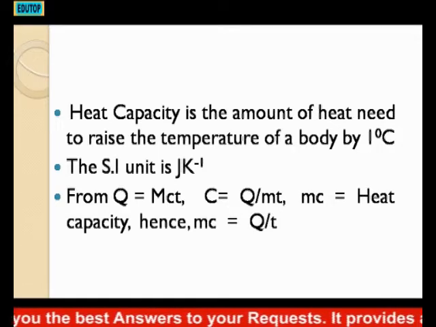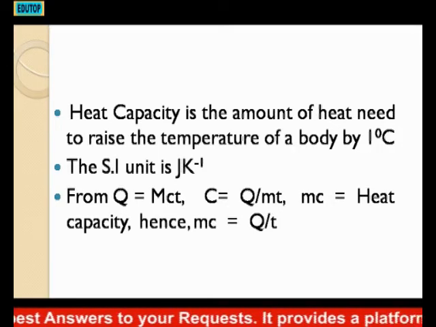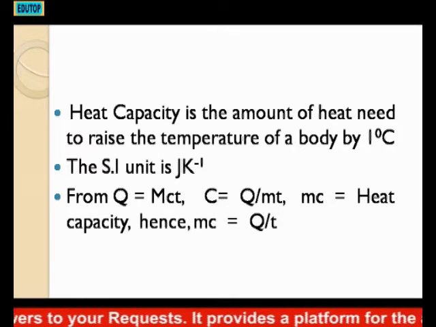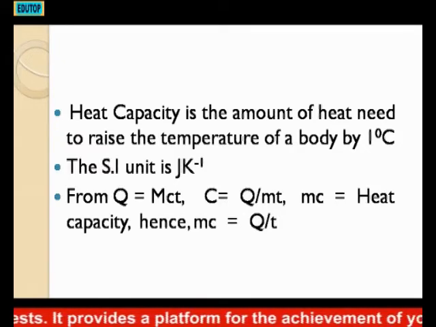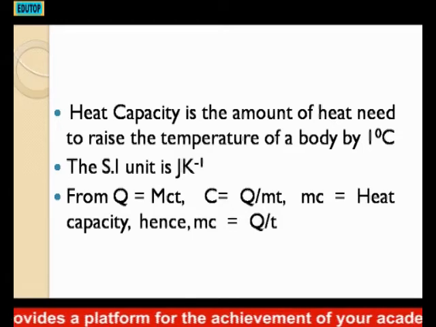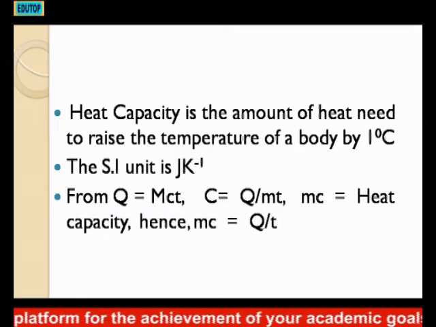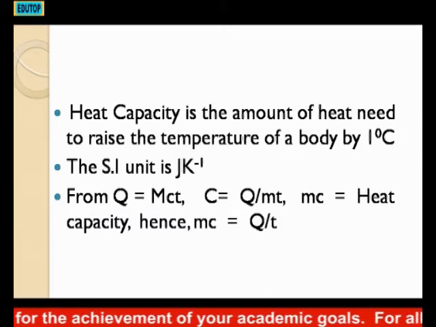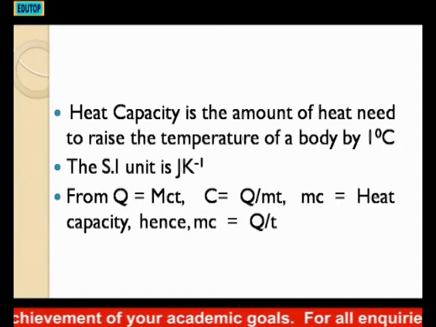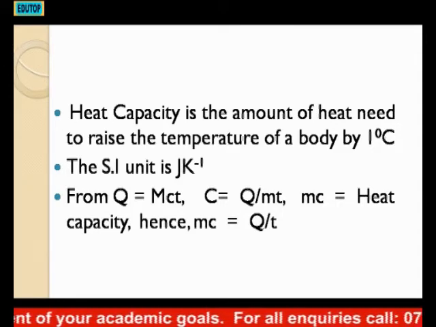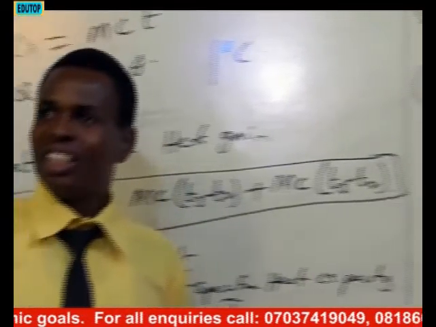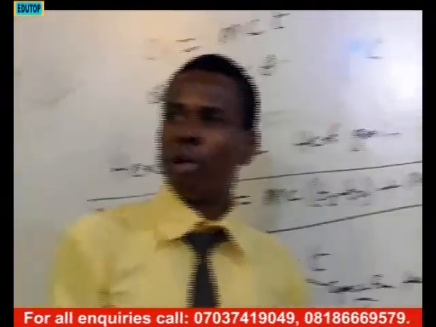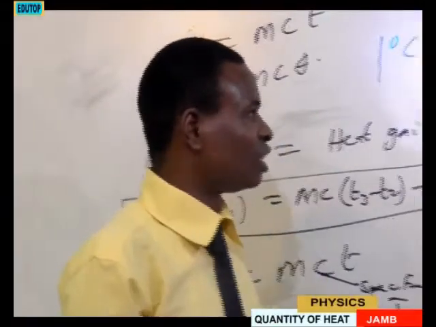So we are still recalling from Q is equal to MCT. Our C is Q over MT, that's divided by MT. To be equal to the formula, we are going to have Q over T. Our MC here is what we call heat capacity, the amount of heat needed to raise the temperature of a body by 1 degree Celsius.